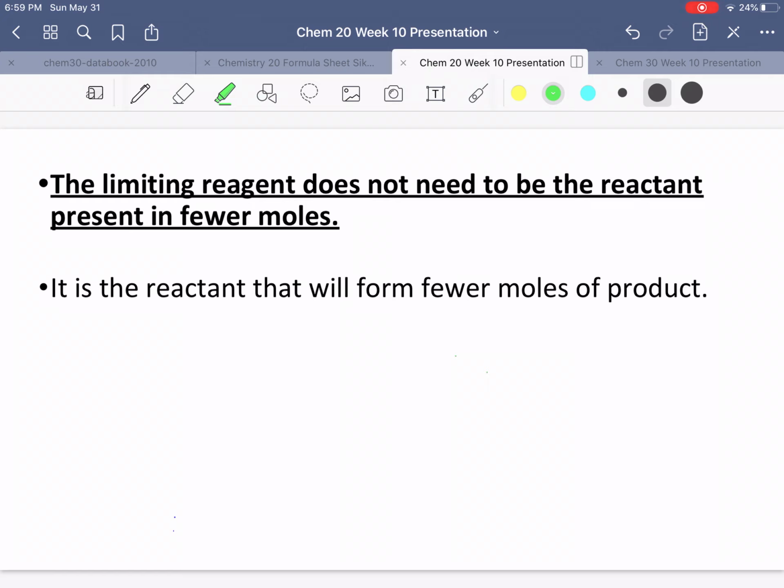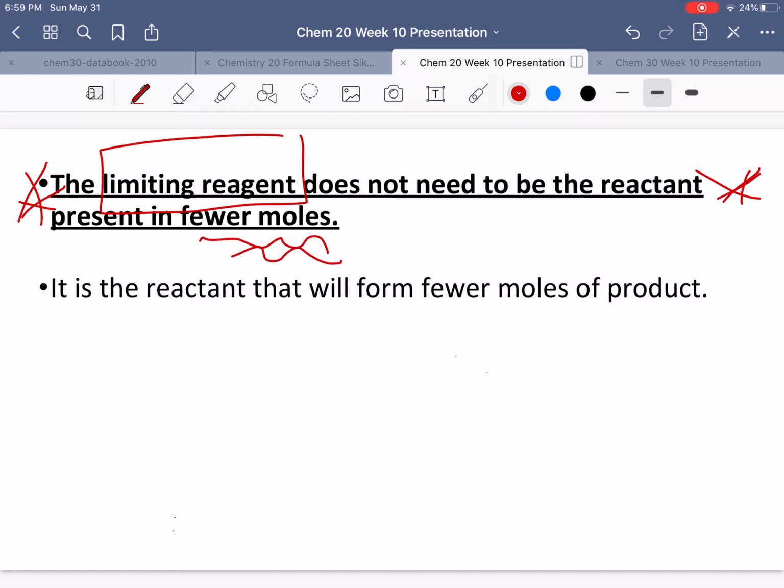Now here's something weird, and I have this underlined and highlighted in the notes because it's really important and does throw off people. That limiting reagent, the one that's going to run out first, might not be the one with the fewest moles. And I know when you first hear that, that sounds really weird. It's like, well, of course it's the one that's the fewest. Not necessarily.